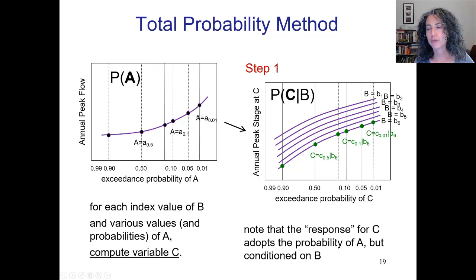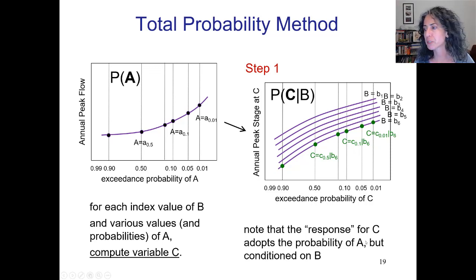We have our values from our probability distribution of A, each combined with all of our index values for variable B. All of my variable A values with a particular index value of B give me a frequency curve for C that is conditioned on B. So after computing that whole matrix, we get a family of conditional frequency curves for C conditioned on B: one curve for C given B for each value of B.